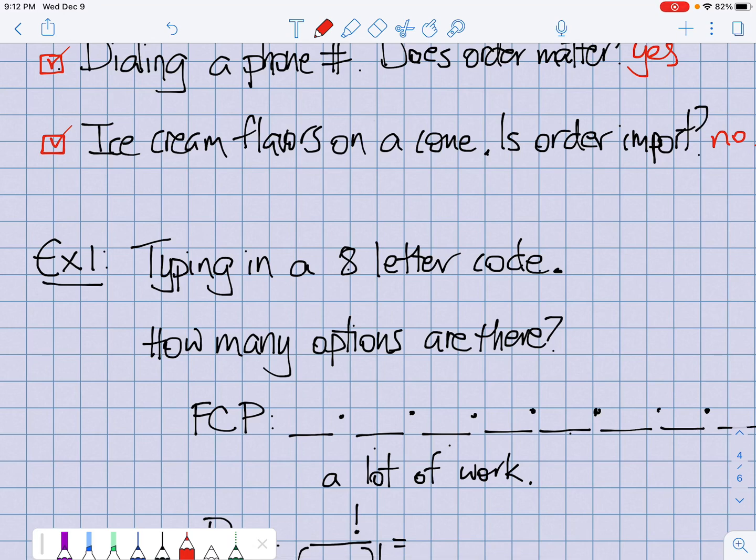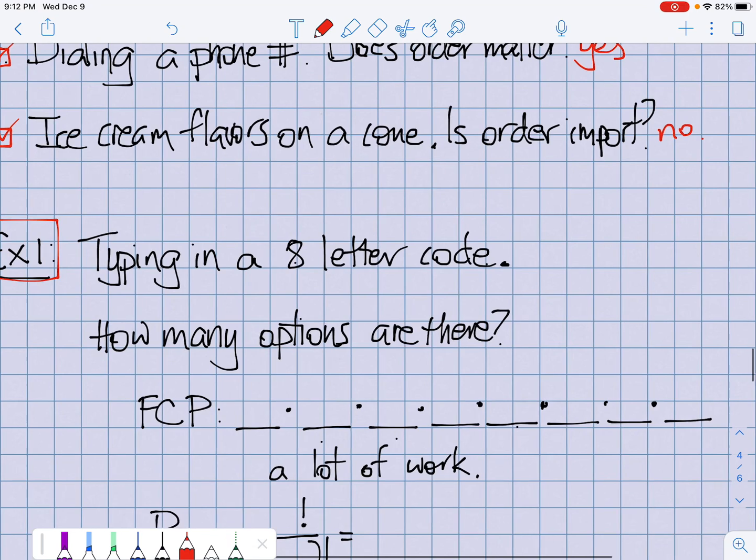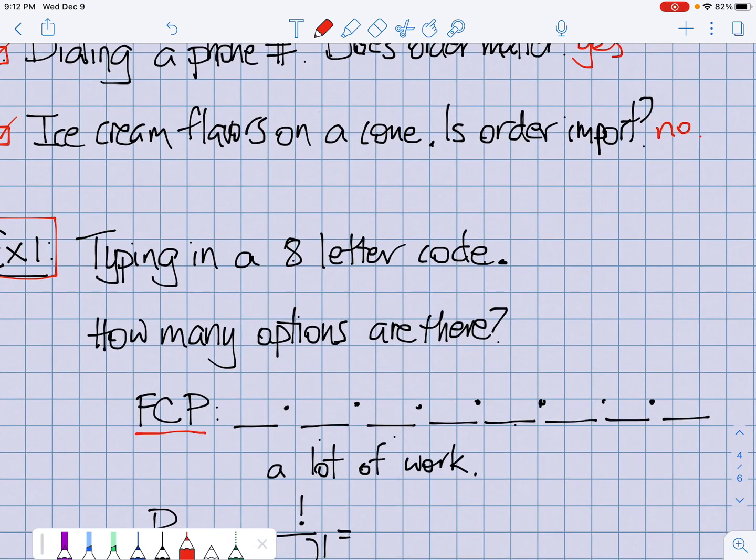Example 1. Hopefully you are still tracking with me. You're typing in an 8-letter code, a password. How many options are there? So you are trying to break into some Swiss bank account. Well, the fundamental counting principle would say for the first letter, you have 26 choices.